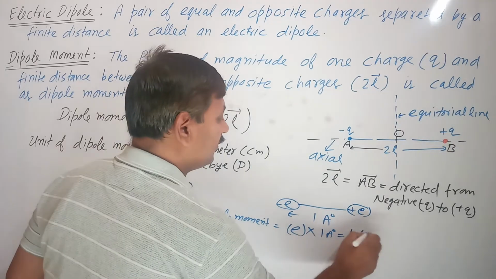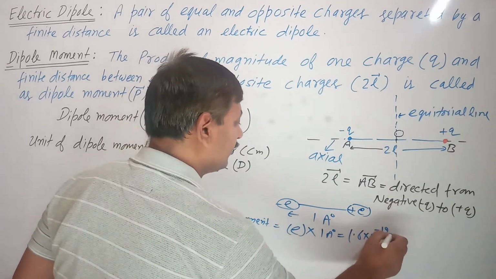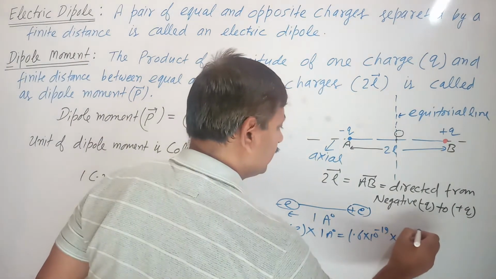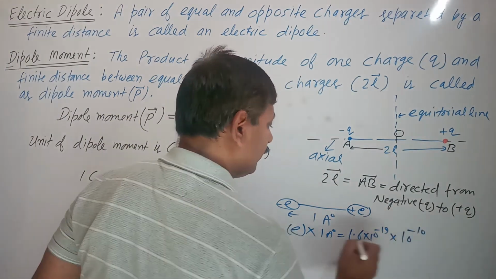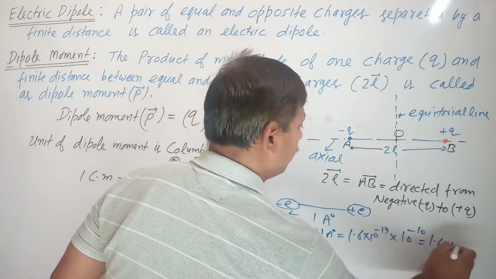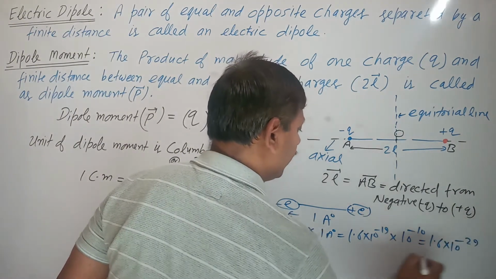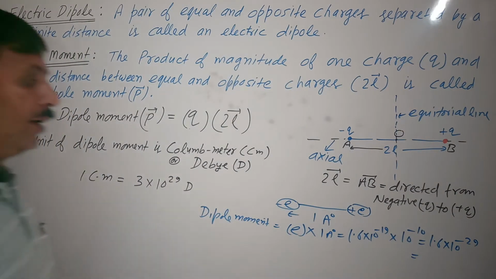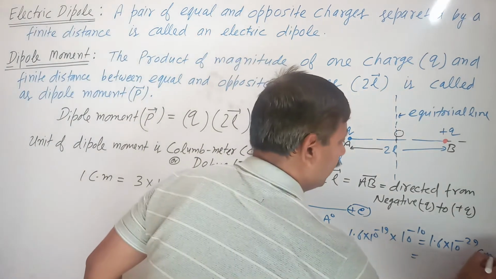So 1.6 into 10 raised to minus 19 times 10 raised to minus 10, so 1.6 into 10 raised to minus 29 coulomb meter.